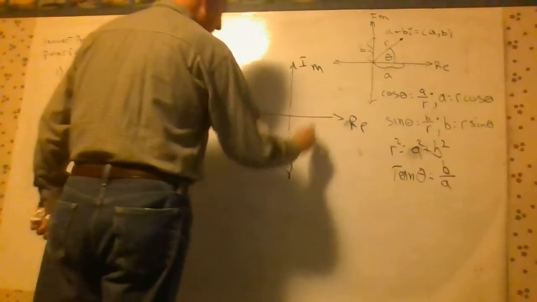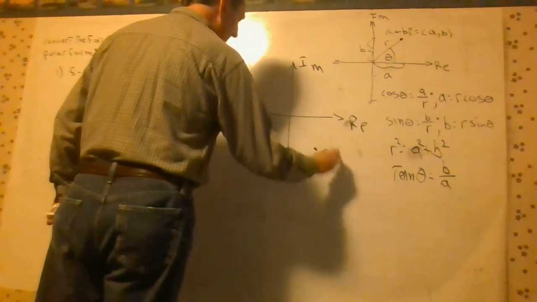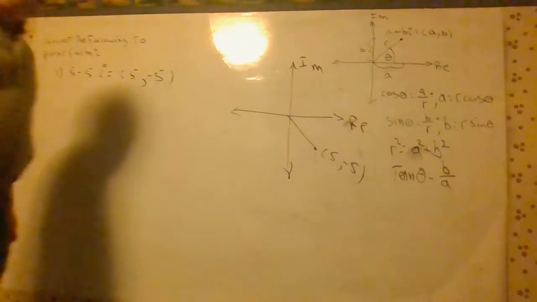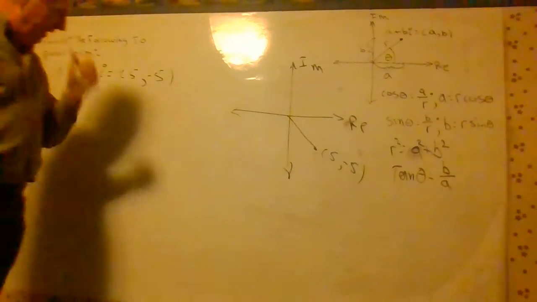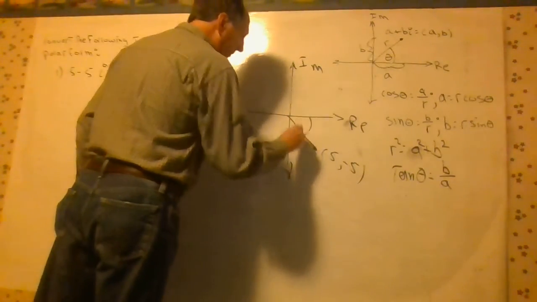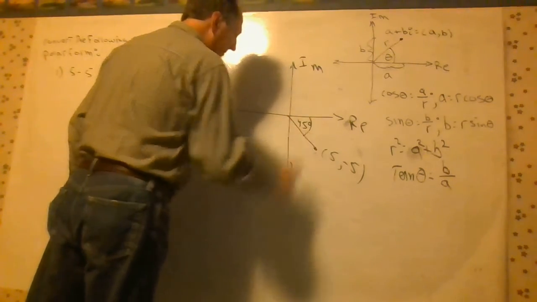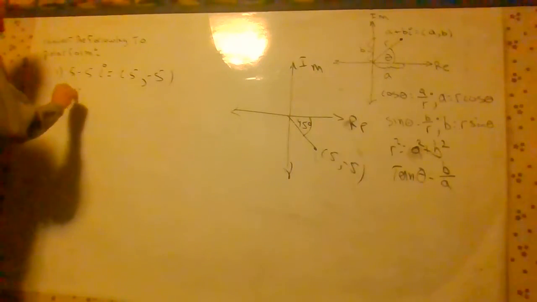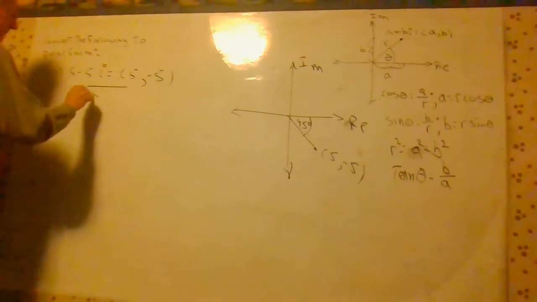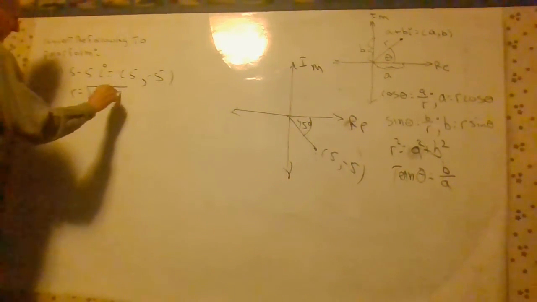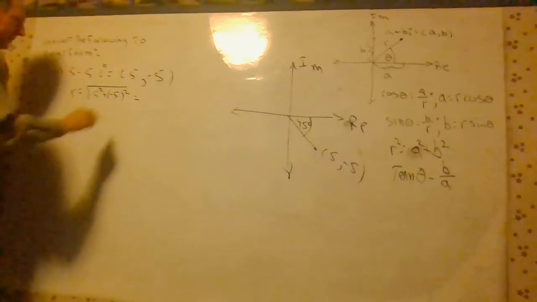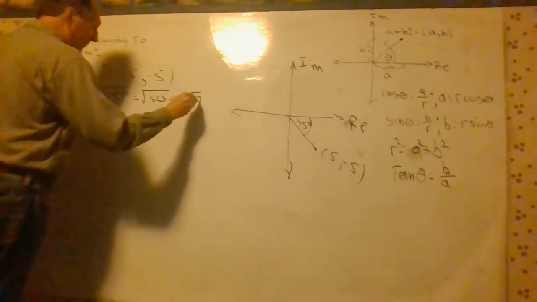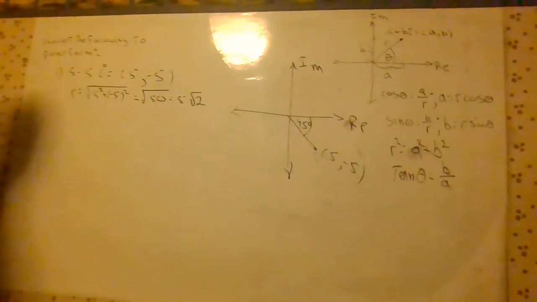So we want to go over 5, down 5. And just by symmetry here, you can tell this is 45 degrees. Okay, so r is going to be the square root of 5 squared plus -5 squared. That's the square root of 50, which is 5 square root of 2.